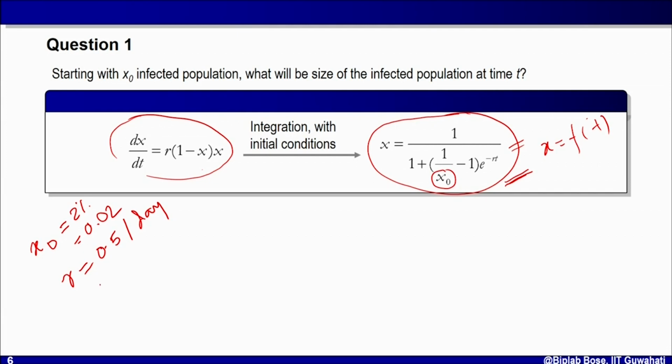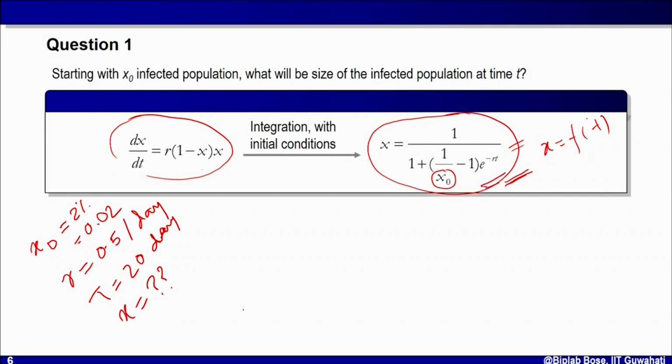Then my question is, after 20 days, what fraction of people will be infected? That is my question. I can simply answer this question using this function.